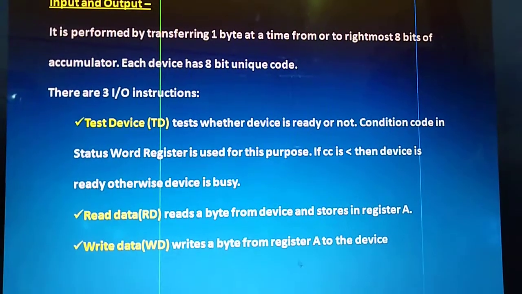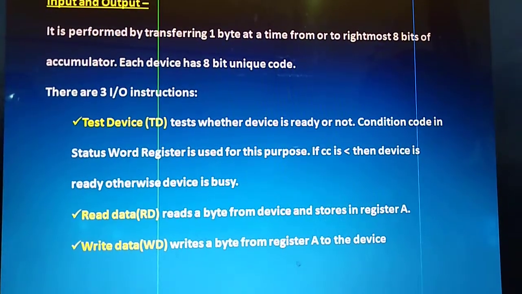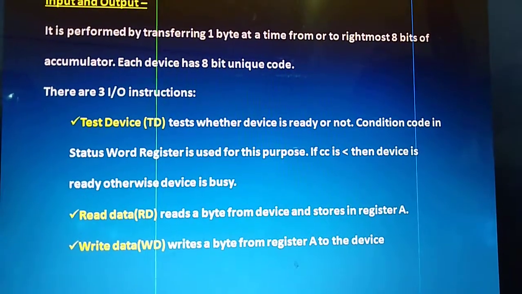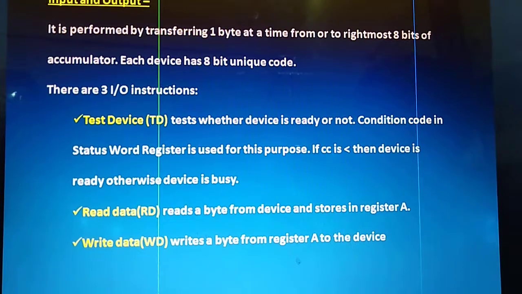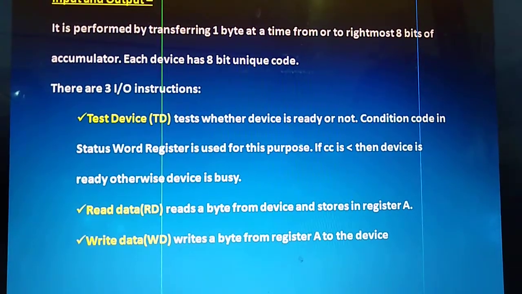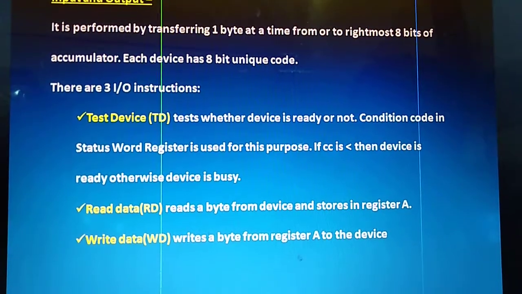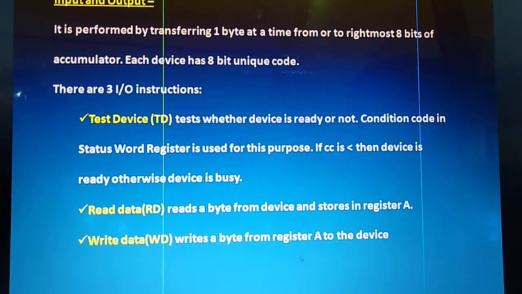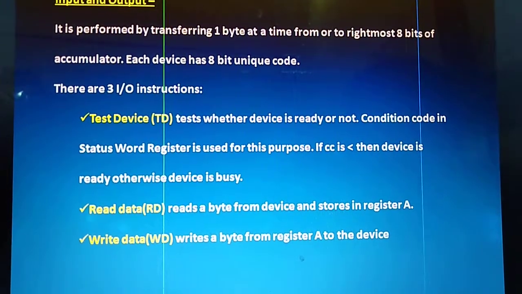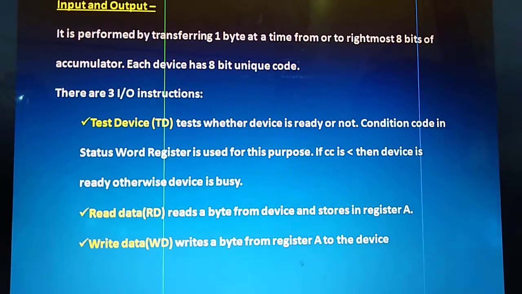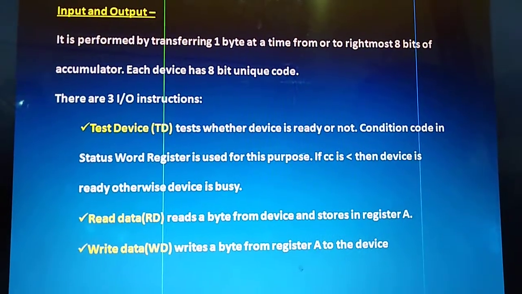Write data means write a byte from register A to the device. Read data means read a byte from the device and store it in register A. And test device means checking whether the device is ready or not. We have discussed previously that whether the device is ready or not, it must be tested before any operation. So the condition code in the status word register is used for this purpose.